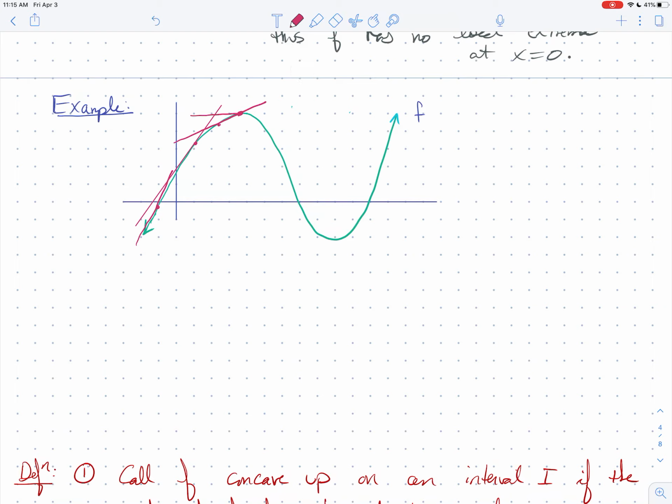The slope is going from being positive to less and less and less. Now it's 0. And now on this side, the slope is actually negative. It's negative, negative, negative.